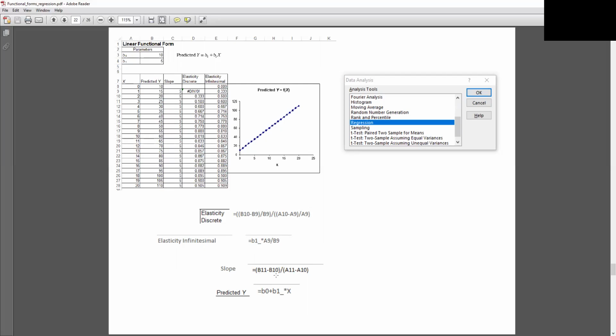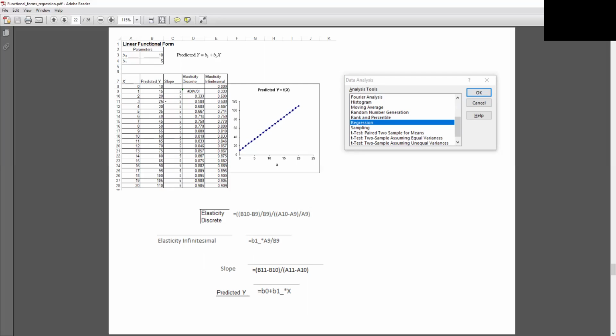Here are columns A, B, and C. The B column pertains to predicted Y, and the A column pertains to the actual values of X, the values which you obtained using a survey, for example.